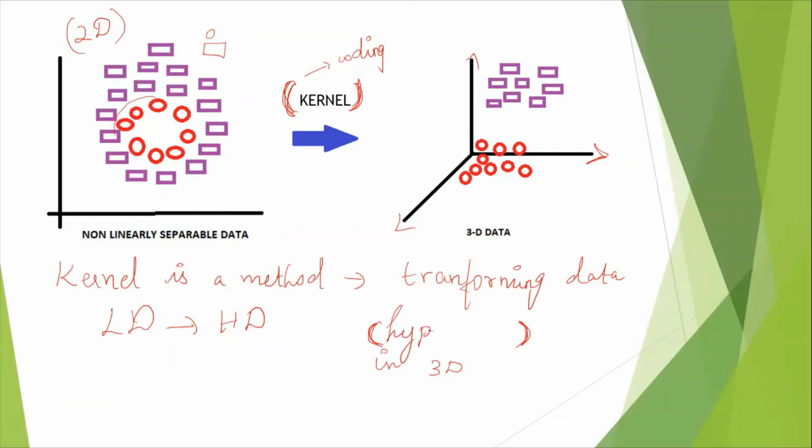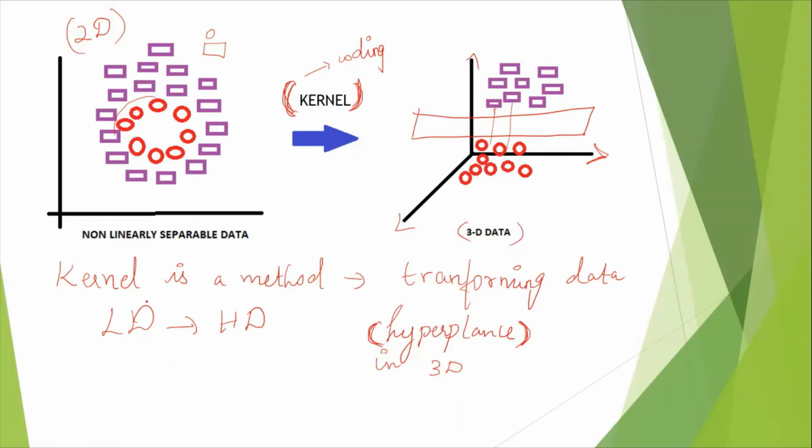Yeah, it's hyperplane. So now here, if you see in three-dimensional data, the points will be in space, okay? It will not be between these two lines. It will be in space. So that's why we draw a hyperplane like this, and we divide these two different classes in three-dimensional data.